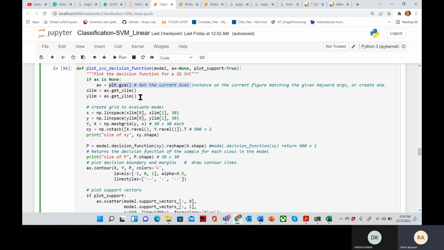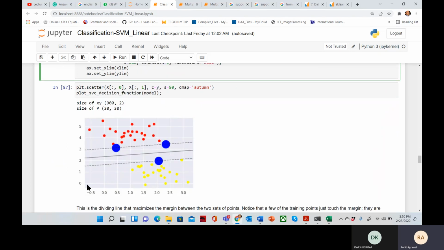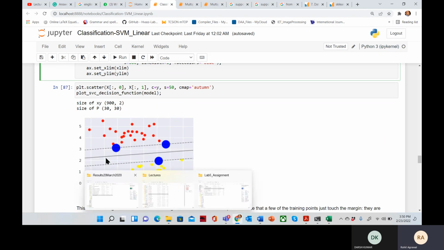That's it. Now see, I'm just creating a grid. So np.linspace of xlim[0], xlim[1]. What does it mean? xlim[0], xlim[1] means the minimum value and the maximum value, and I'm just taking 30 points in between them.